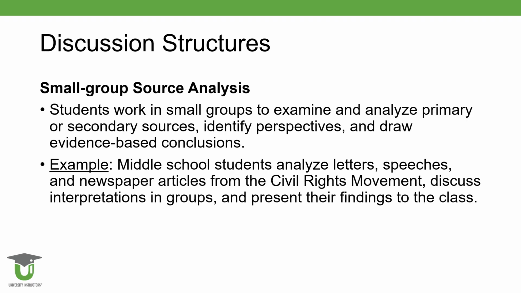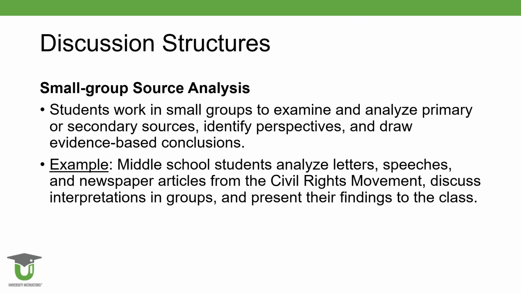Building on discussion strategies that encourage student voice and reasoning, another way to engage learners is through small group source analysis. In this strategy, students work collaboratively to examine primary and secondary sources, identify perspectives, and draw evidence-based conclusions.